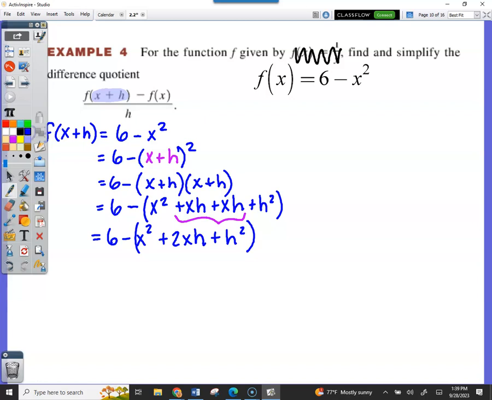Why? It's the first part that's getting, like, the f of x plus h equals 6 minus x squared. Oh, this was me copying the formula for f, right? This is me beeping out the x and plugging in x plus h right here.